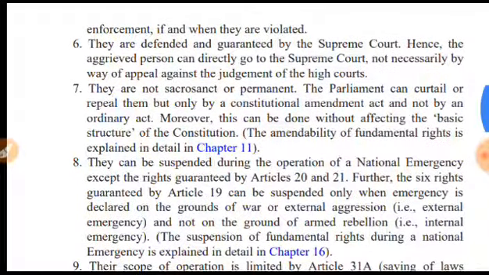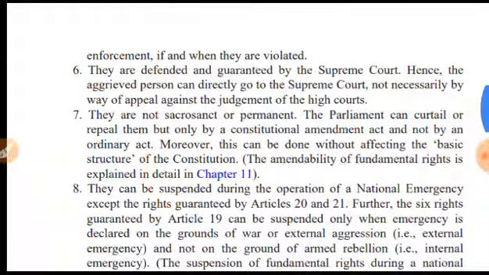Six, they are defended and guaranteed by the Supreme Court. Hence, the aggrieved person can directly go to the Supreme Court, not necessarily by way of appeal against the judgment of the high courts. Whose guarantee is it? The Supreme Court's guarantee.